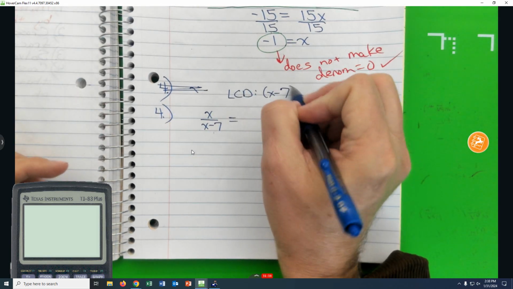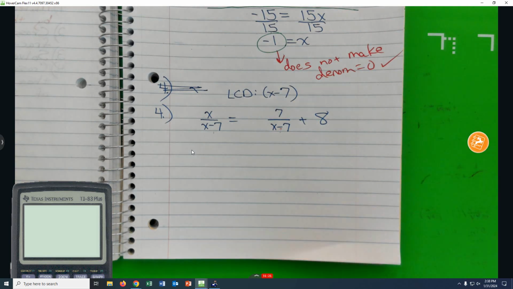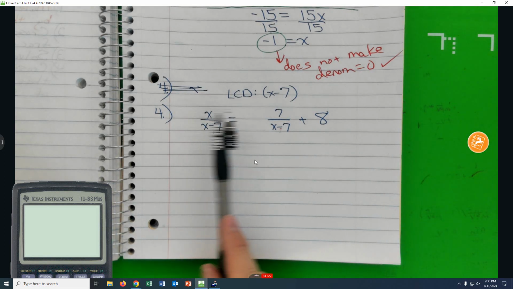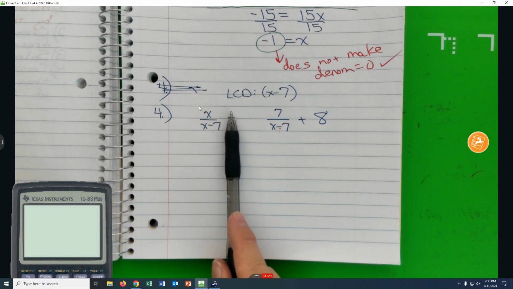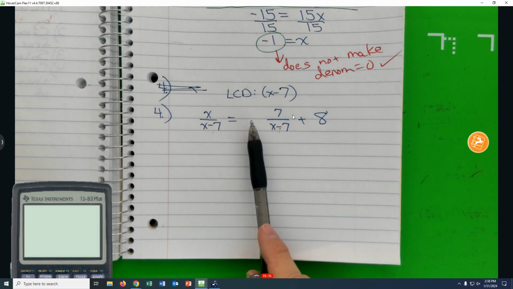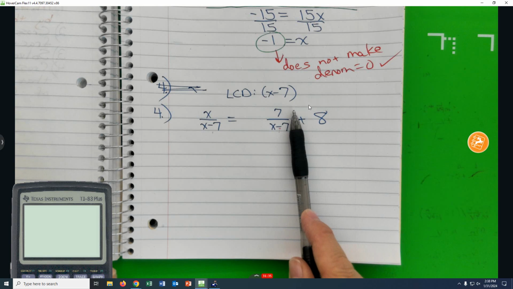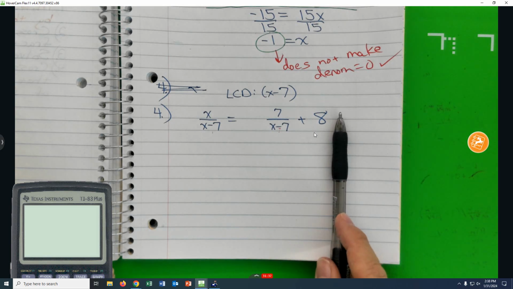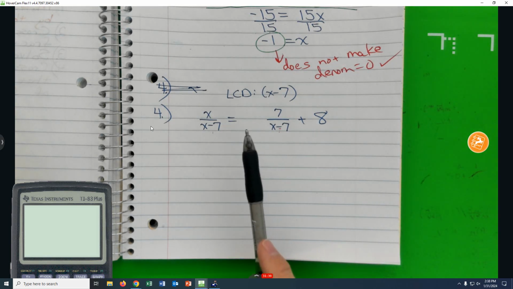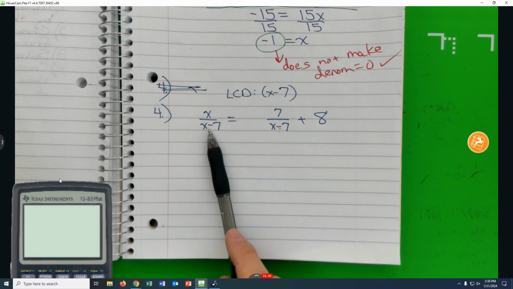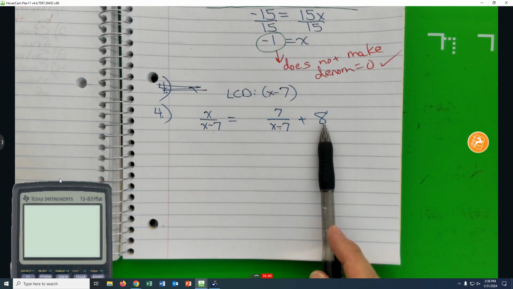So, they're not all as messy as number 3. How many terms do I have total in this problem? On the left side, how many terms do I have? Just 1. Now on the right side, 1 and 2. So that's a total of 3 terms in the original problem. Each fraction is a term, and we have a constant term.